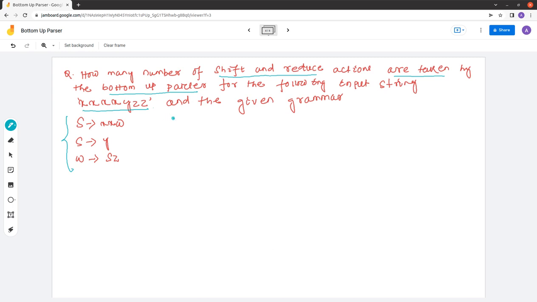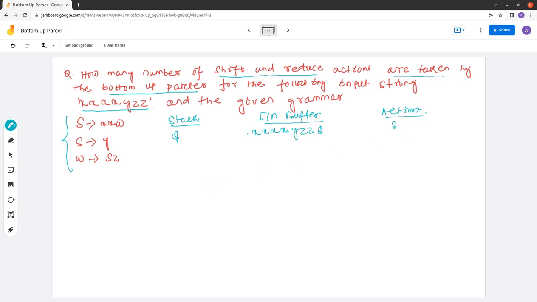See, stack, input buffer, then action. The stack initially contains $, and the input buffer contains the input string xxxxyzz, then $.